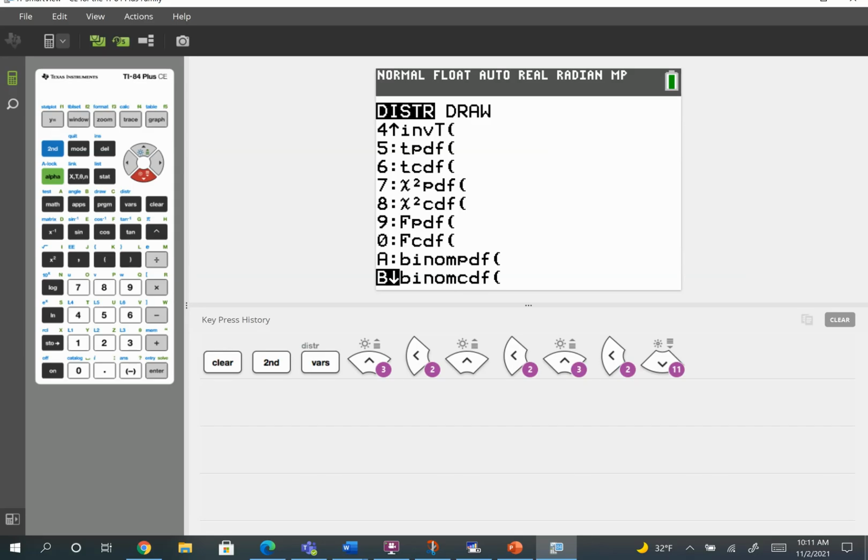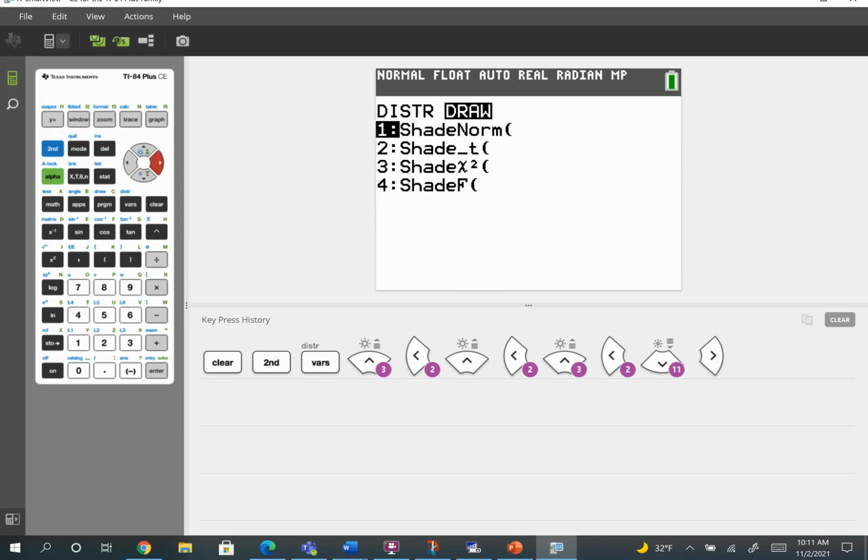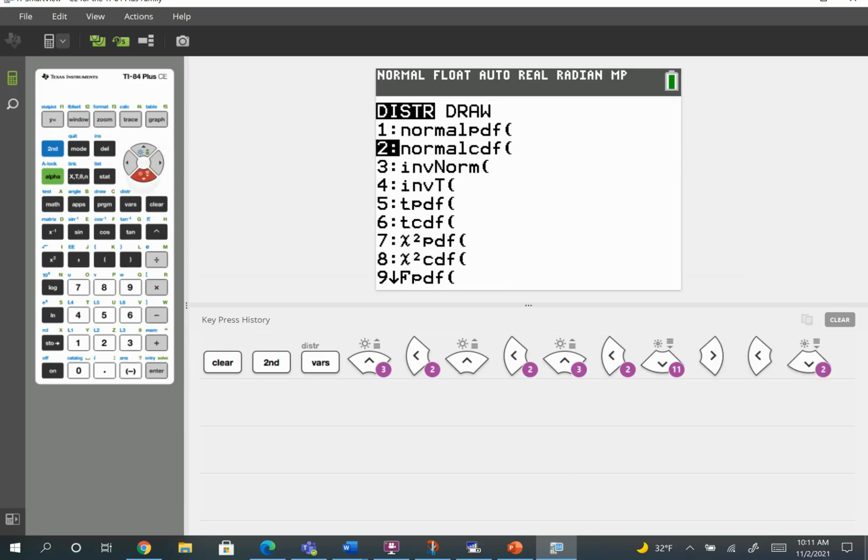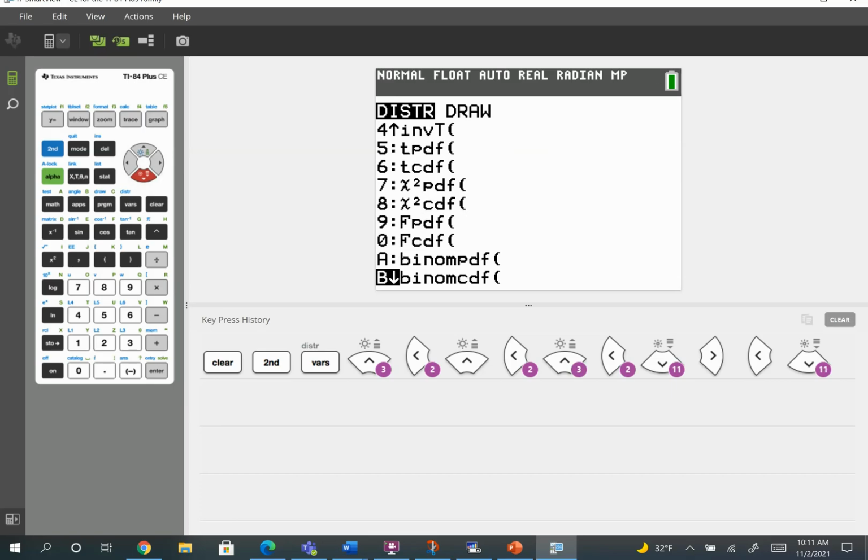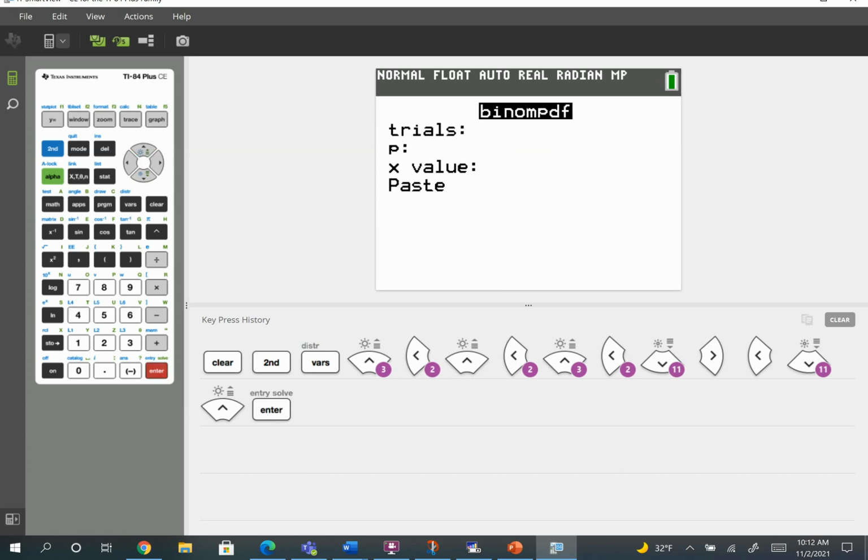The binom PDF one is what we want for just one exact value of successes. So I'm going to go binom PDF. My number of trials, that's how many applicants we had.